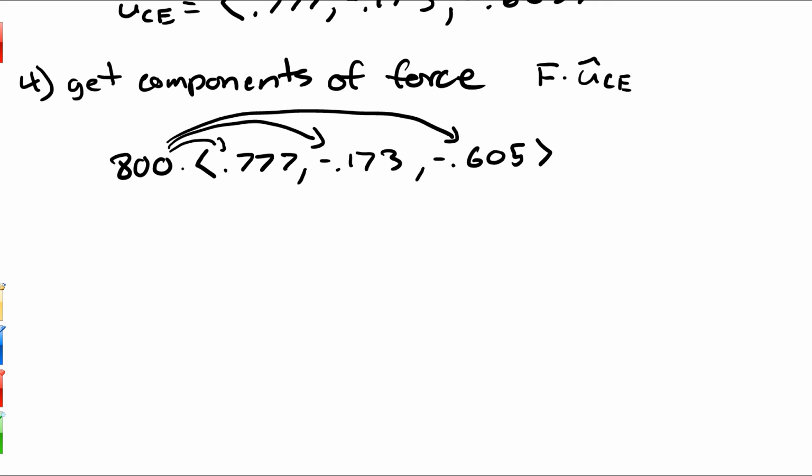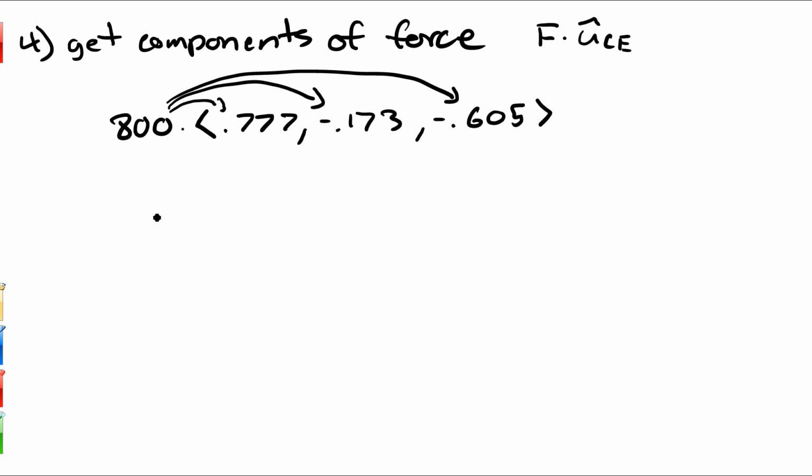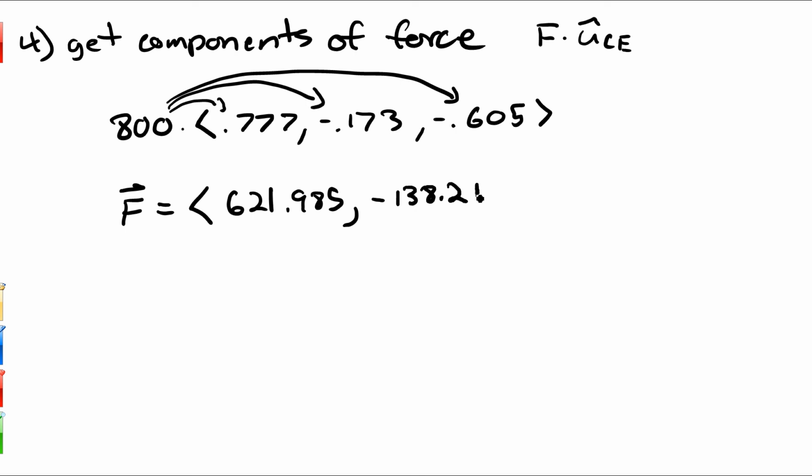You guys should be definitely used to this by now because you're going to be using it a lot coming up. So our force vector is going to be equal to 621.985 in the X, a negative 138.219 in the Y, and then a negative 483.766 in the K. That was fairly easy and straightforward.